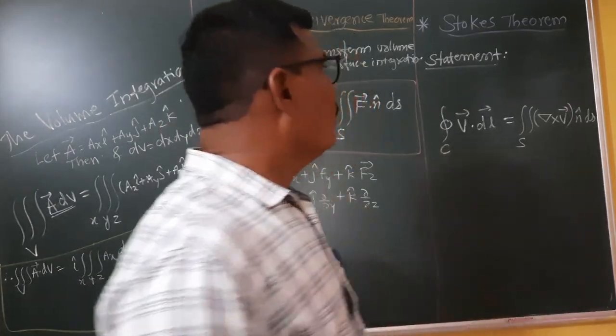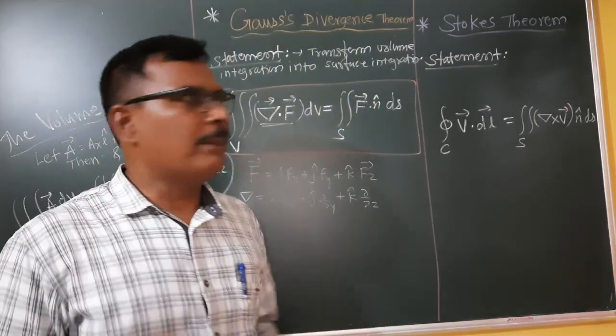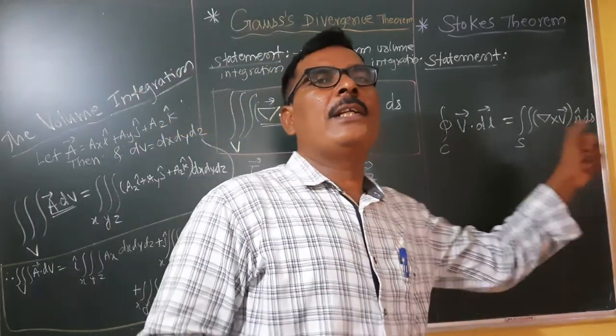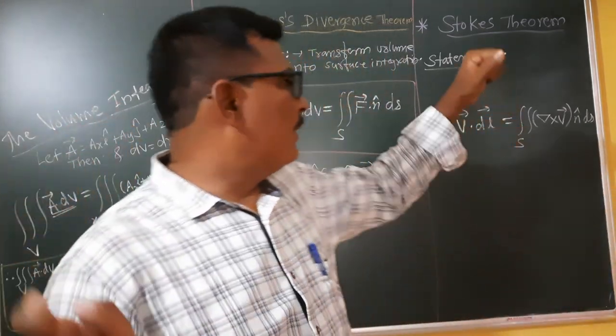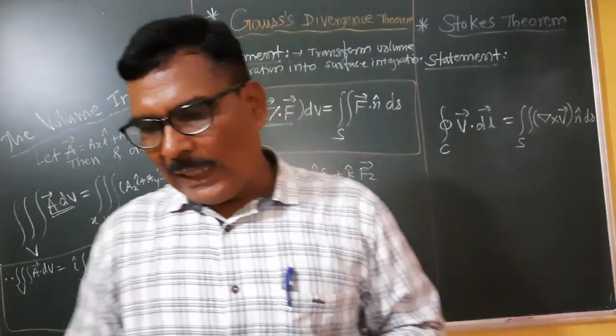Now, what is the use of Stokes theorem? The Stokes theorem is used to transform line integration into surface integration, or vice versa, meaning surface integration can be transformed into line integration.